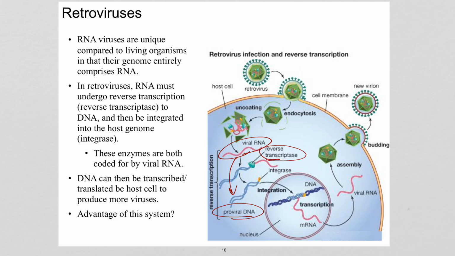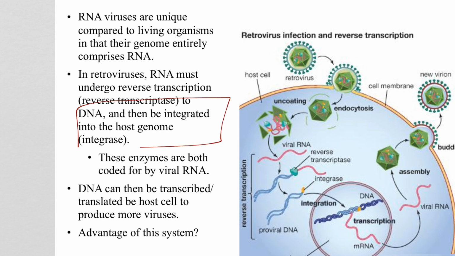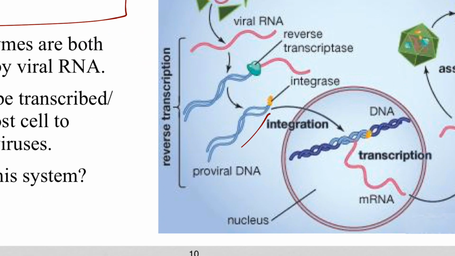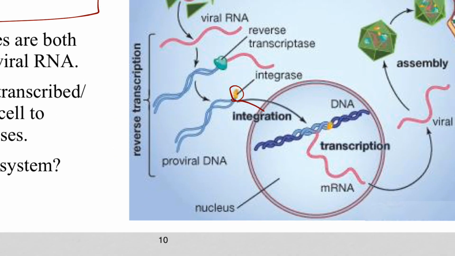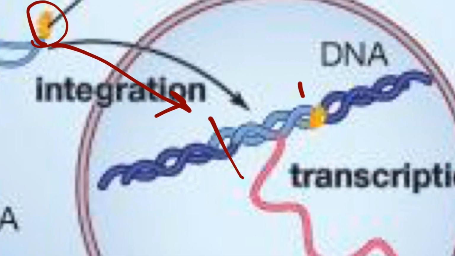The other thing that I haven't mentioned yet that makes retroviruses unique and really terrible as far as their effect on human health is an enzyme called integrase. What integrase does is take that viral DNA, this molecule here, latch onto it, import it into the nucleus of the host cell, and splice that viral DNA in.